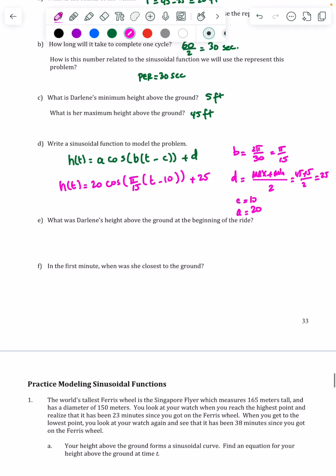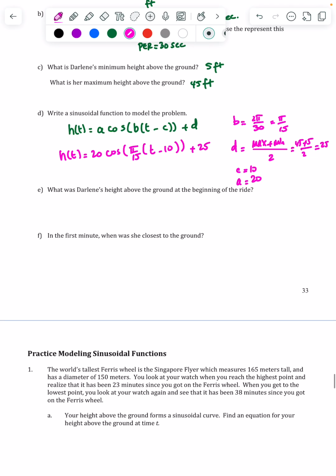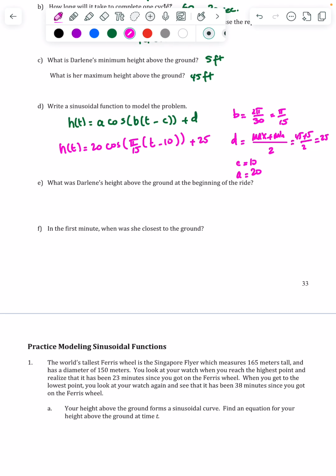Now that we have the equation, we can answer part E, which is what was Darlene's height above the ground at the beginning of the ride? That means time equal to 0. So let's put this together. If you plug in 0 for time, you get h of 0 equals 20 cos of pi over 15 times negative 10.